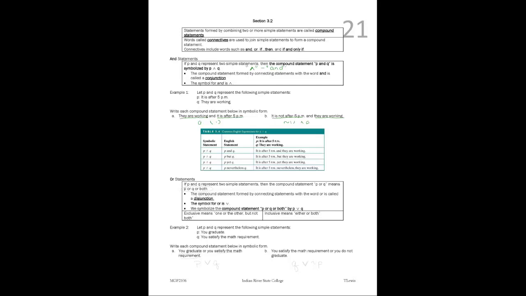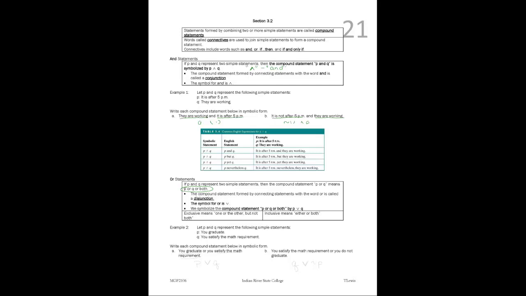Okay. The or statement. It says if P and Q represent two simple statements, then the compound statement P or Q means P or Q or both. So whenever I think of or, you're talking about everything. All. Both. Okay. This is going to be so key here. The compound statement formed by connecting statements with the word or is called a disjunction.